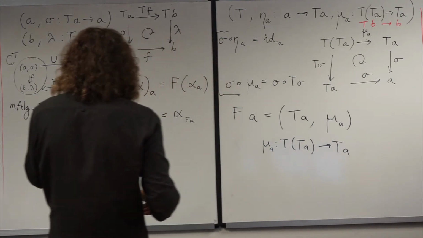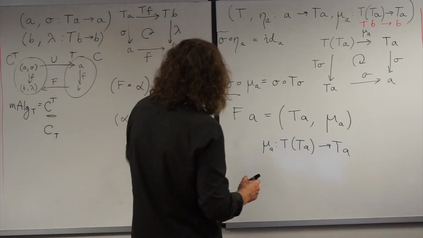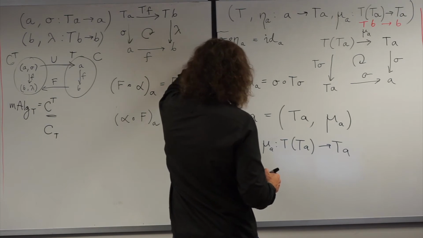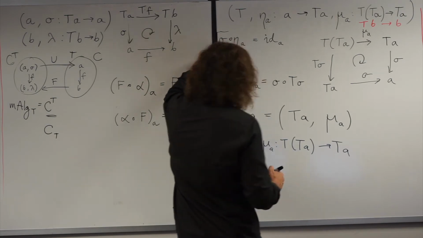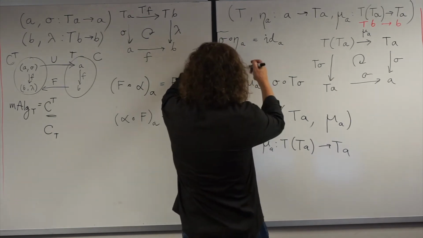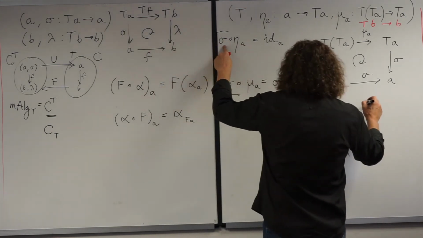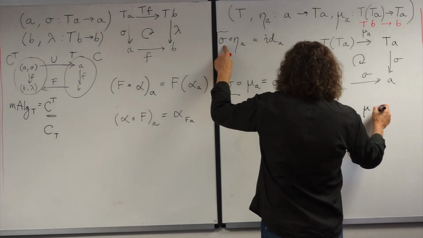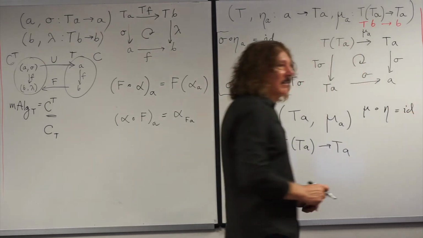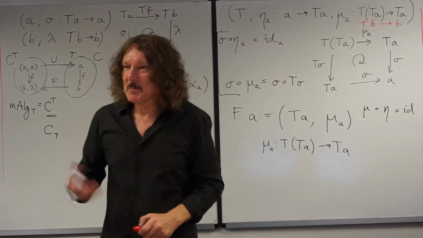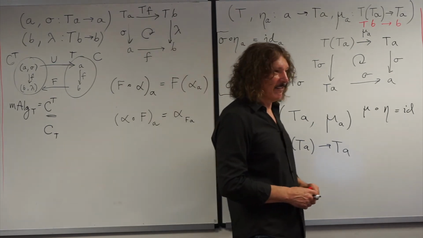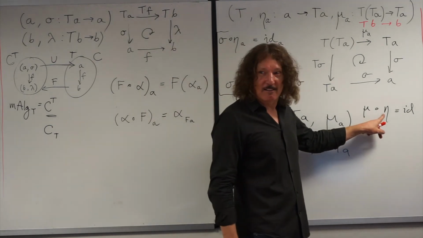So the first condition is, well, what's my sigma? My sigma is mu. So this condition just says that mu after eta is identity. Well, that's a monad law. That's the right unit law for the monad.